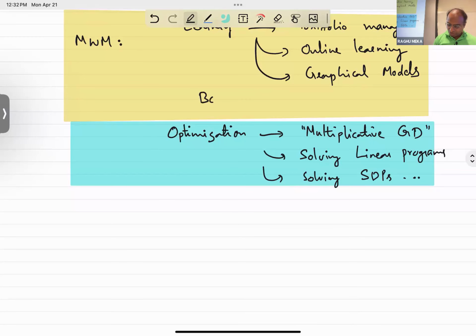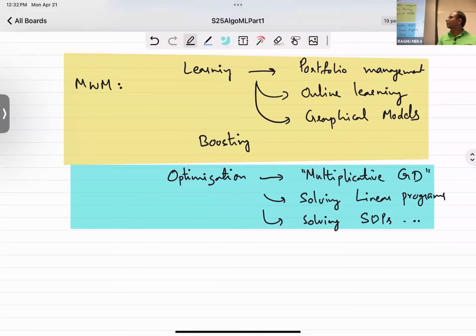And finally, in the context of learning, one really important application is boosting. Right? And this also is something that we're not going to cover, but boosting essentially means that suppose I have the ability to build a model which is maybe 55% accurate. I'm trying to predict cats or dogs, but I have a base model which can give me 55% accuracy.